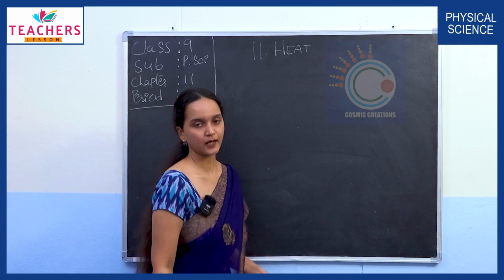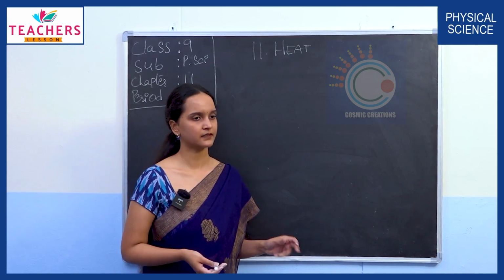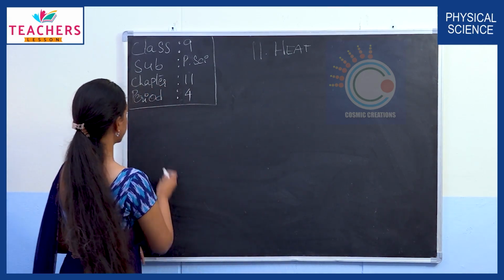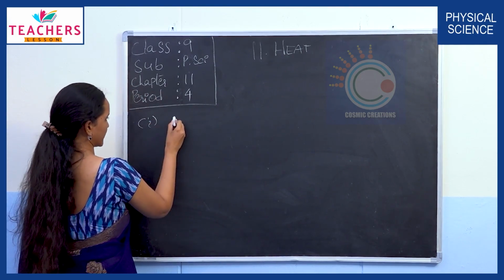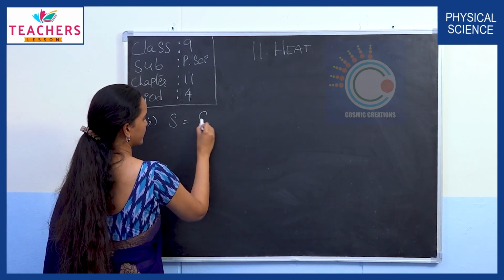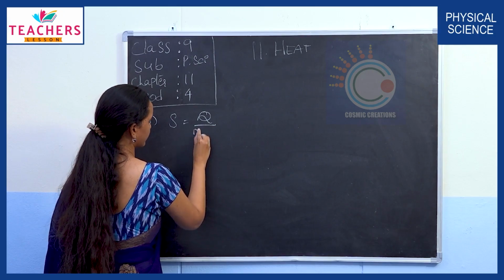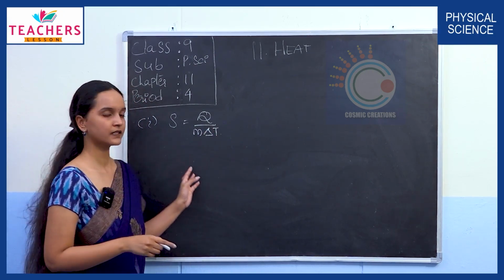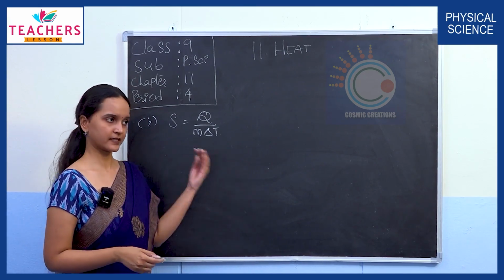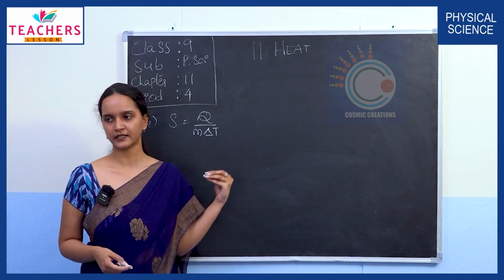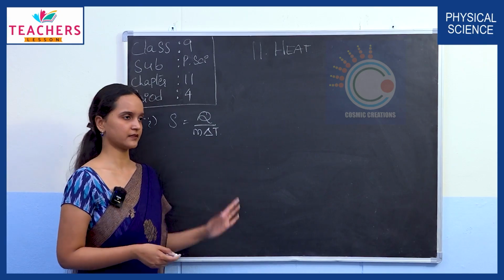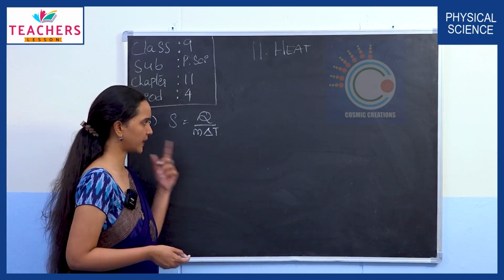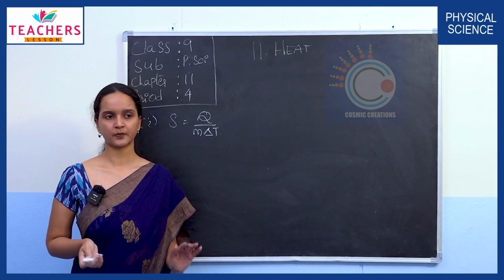Let's take a quick recap of whatever we have learned today. Firstly, we talked about specific heat capacity, which is Q by M delta T. We have defined the specific heat of any substance, and we understand now that specific heat capacity varies from one substance to another, and this depends on the nature of the substance.